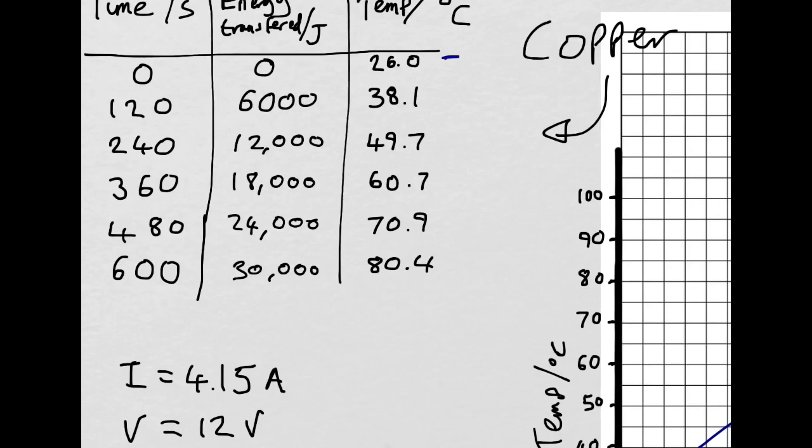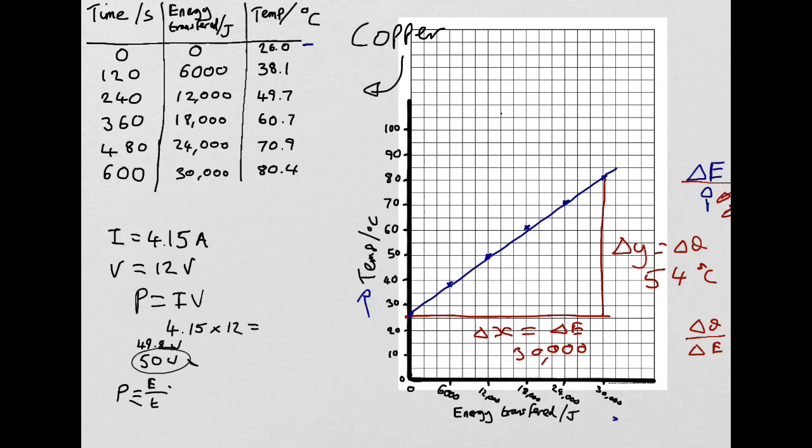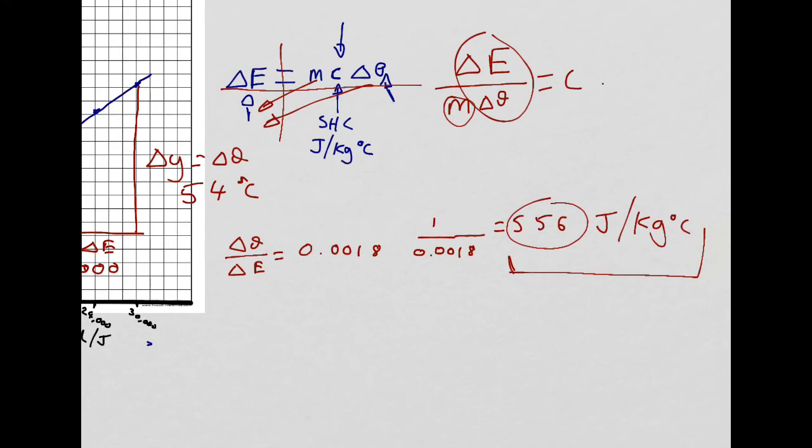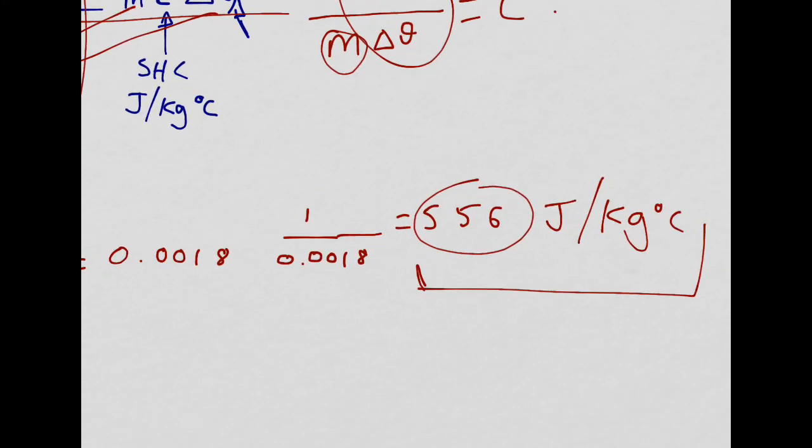We can't really assume that some of the heat is not being lost to the air, because probably quite a significant amount will be. Likewise, a lot of it will be transferred to the table beneath it. But what we did do to try and minimise that was we put it on a heat-proof mat, which would have helped a little bit, but not a significant amount. So this is higher than we expect because we've made an inaccurate assumption that none of the energy is going to be lost to the environment.